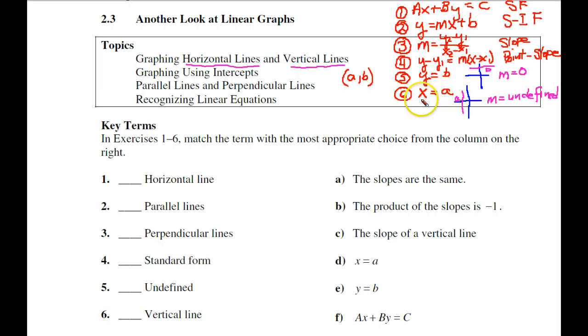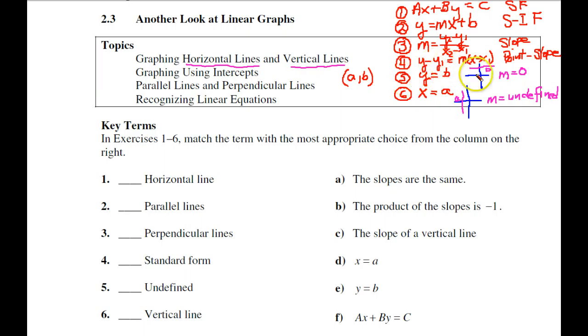Well, this is the vertical line formula, where we said a of the ordered pair was our x element, and you will have a vertical line going through point A. This could be a -3, let's say. X equals -3 would be a vertical line like this.